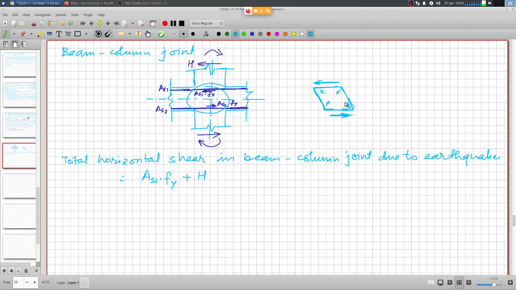So there is massive compressive stress because of the shear in this beam column junction, and this has to be resisted by adequate capacities provided in the shear reinforcements to take care of these shear stresses.